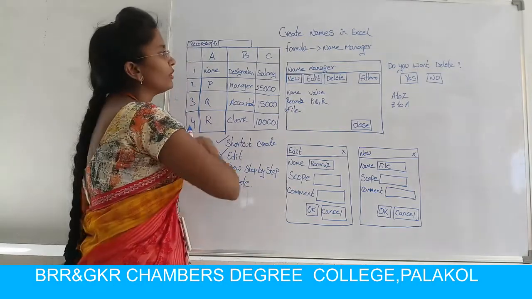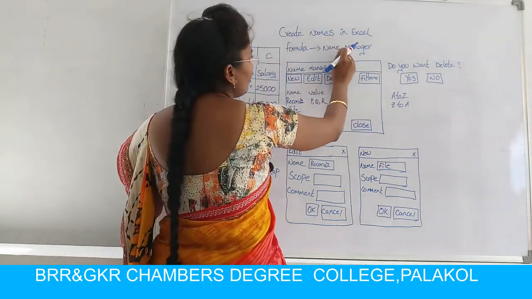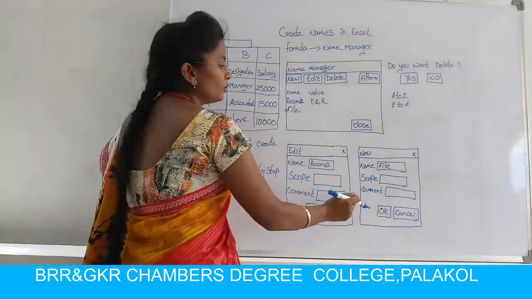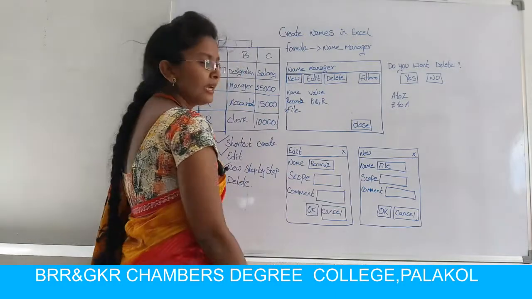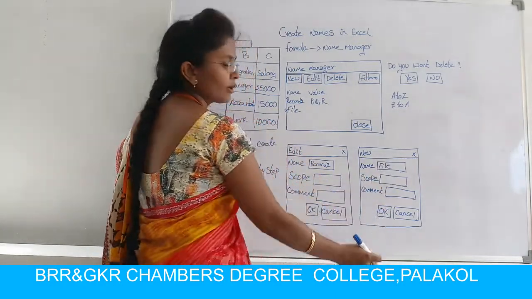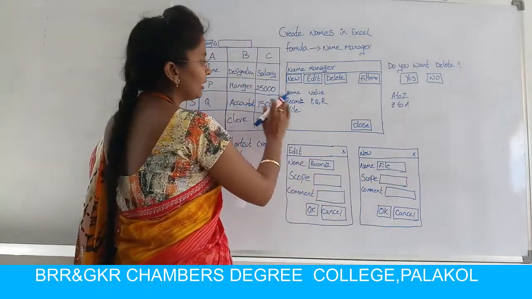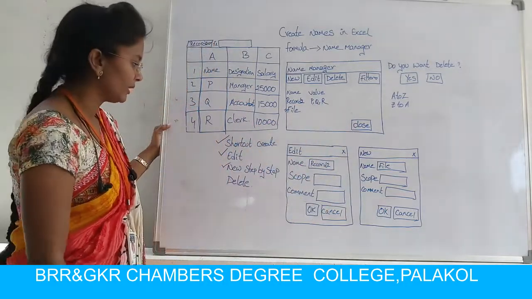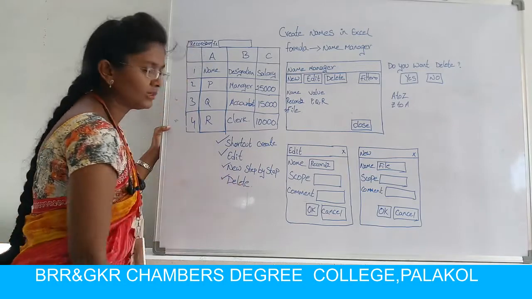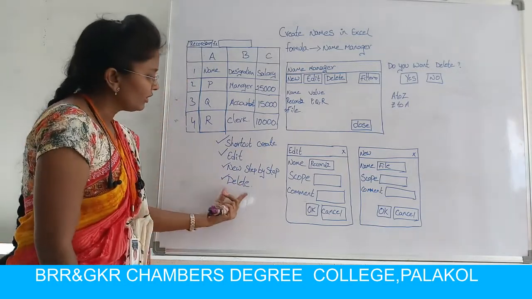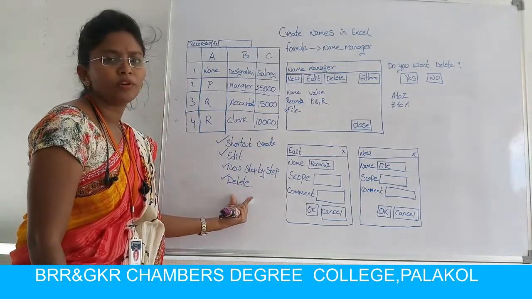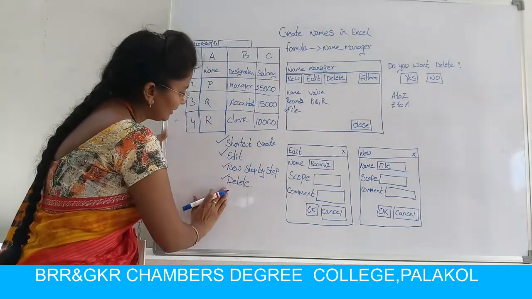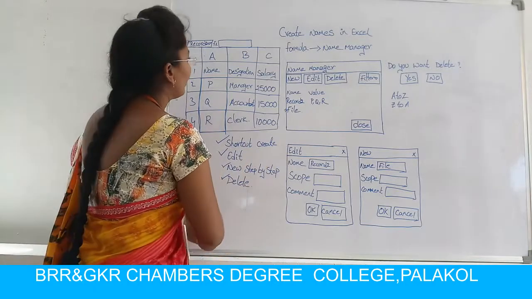That means going to the formula bar, selecting the name manager dialog box, and then clicking on the new button, and again a new dialog box will appear, and then creating some new name and clicking on the OK button, and then again the name manager dialog box, and then click on the close button. And this is the last one, the delete option. If you want to delete some record from your name manager, then you can delete it from the name box. And then filter, I already told you that.